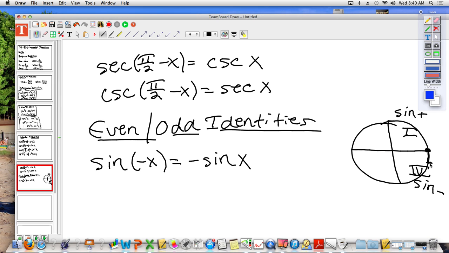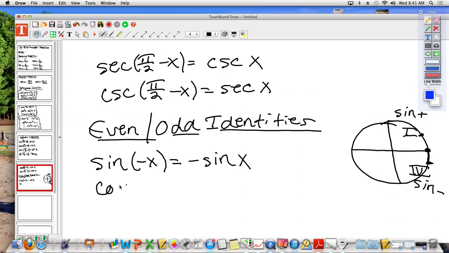So I start here, but I rotate up that same number of degrees instead. Our y value will be exactly the same as the y value that we got in quadrant 4, except it's going to be exactly the opposite, because in quadrant 1 it is a positive and not a negative. The same thing happens with all of these. I just wanted to explain to you what exactly is going on. So if you have the sine of a negative x, it's the same thing as having the opposite of the sine of a positive x.